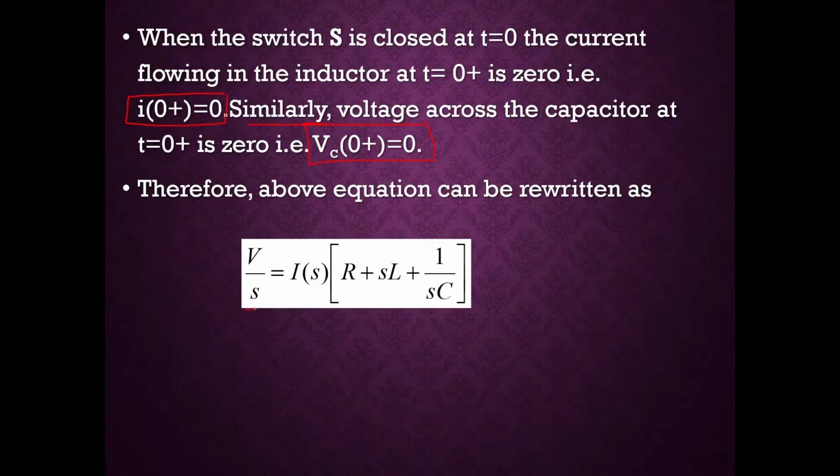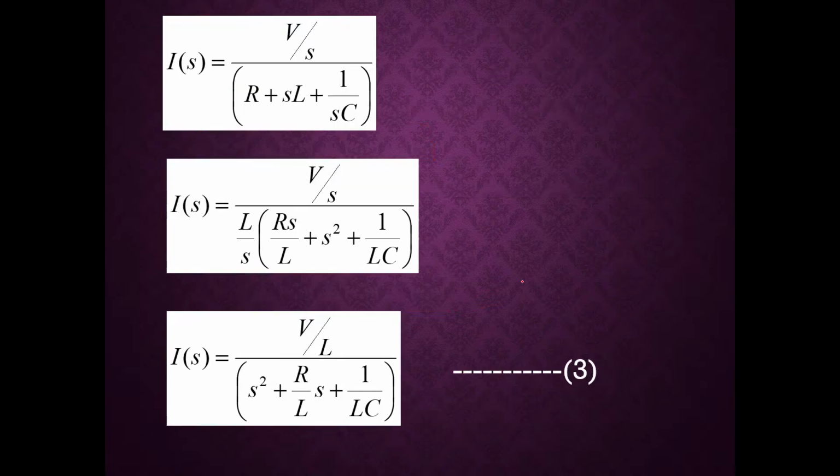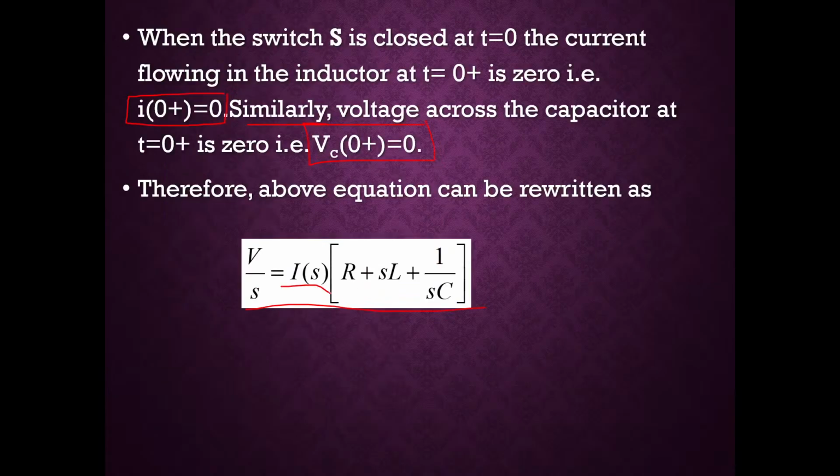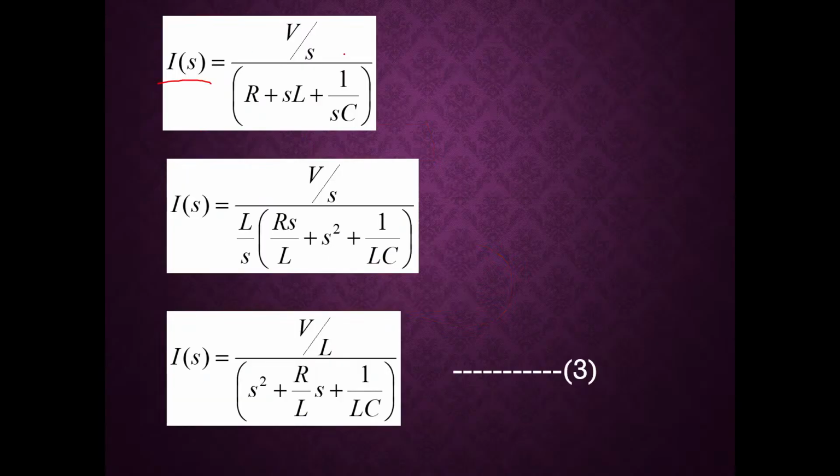This is our Laplace equation after substituting the initial conditions. Now from that equation you determine I of S. What is I of S? It is V by S divided by R plus Ls plus 1 by Cs.